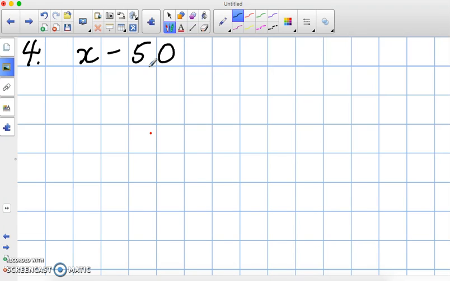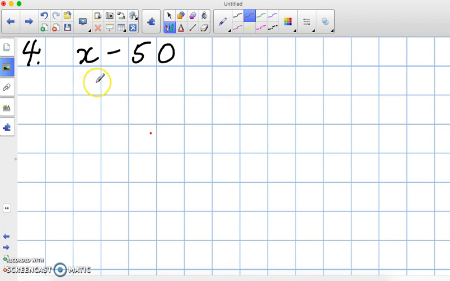And again, if you've written it out, please feel free to check your answer with what I have come up with. So with x minus 50, the variable appears first in this algebraic expression involving subtraction.